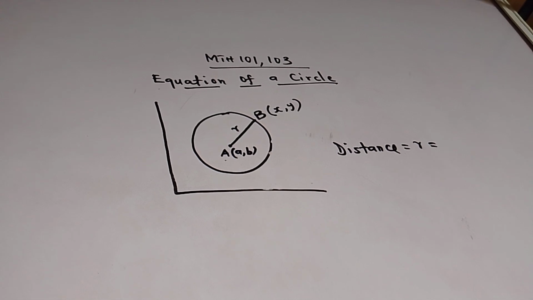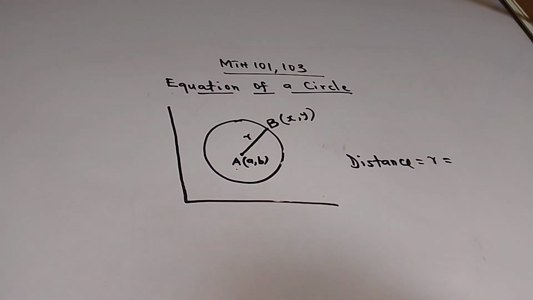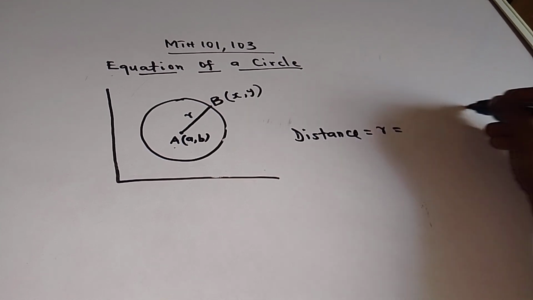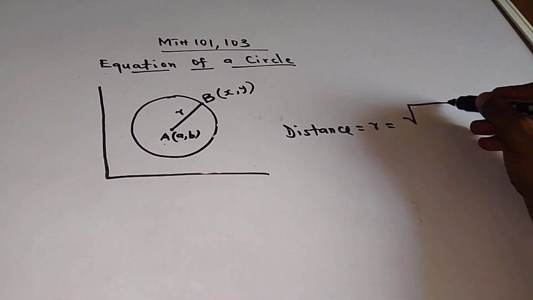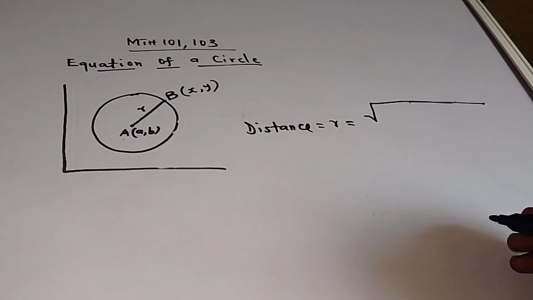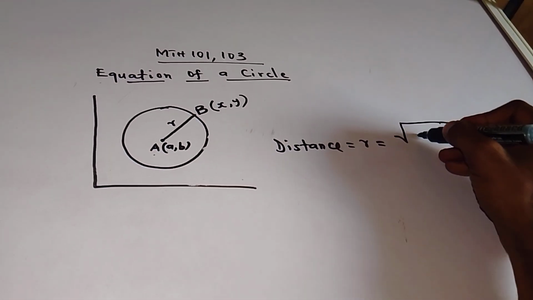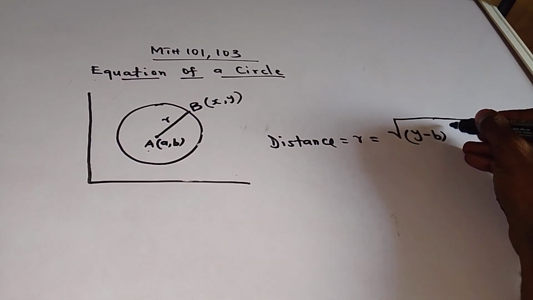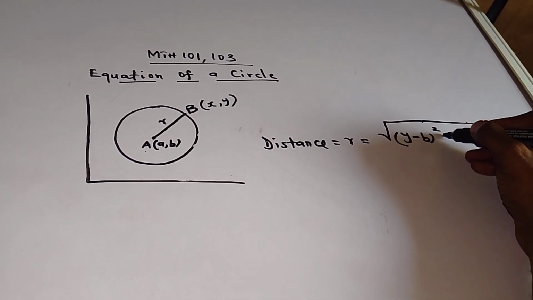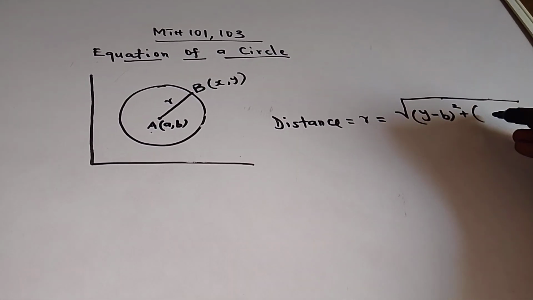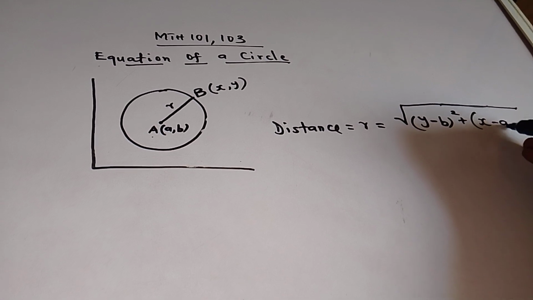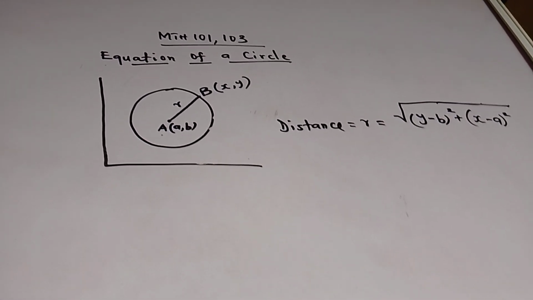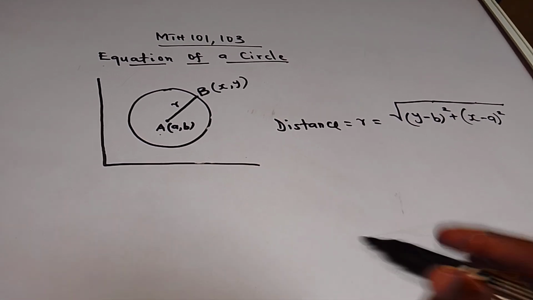Now, for us to find this distance, the distance is calculated by taking the square root of (y minus b) squared plus (x minus a) squared.